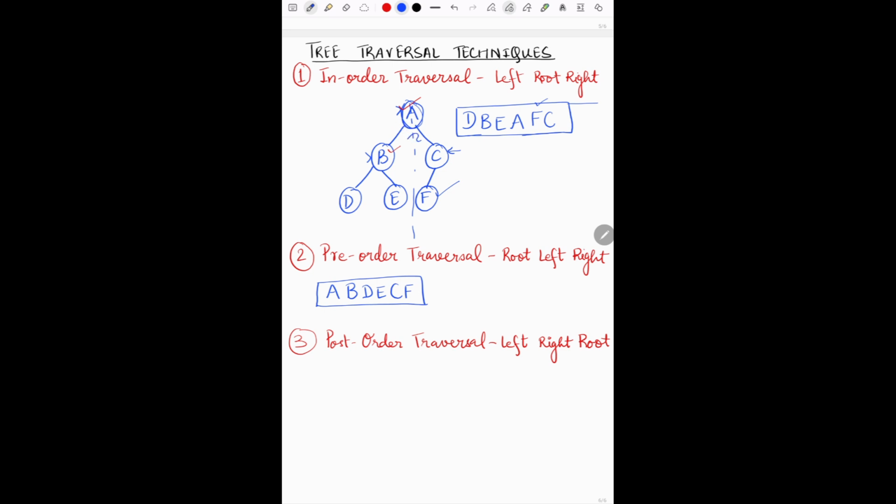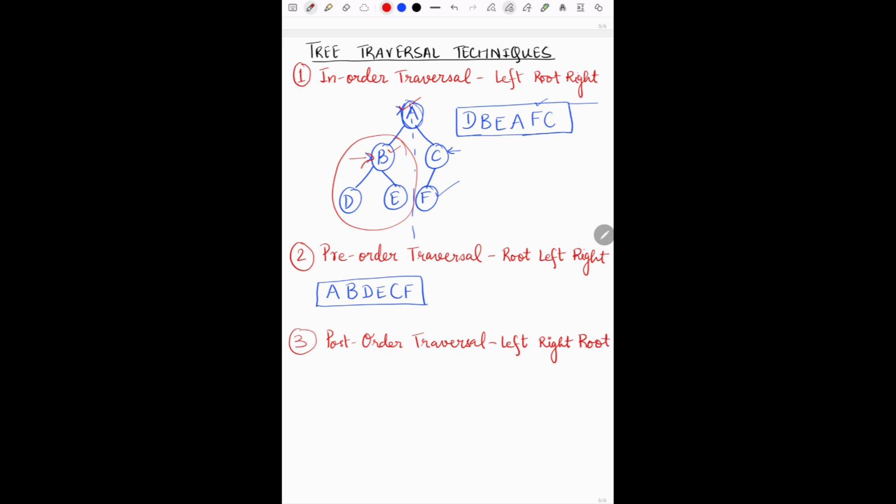I'll first look at the left subtree. When I come here, I encounter the root first, but I don't have to traverse the root here. Instead, I have to move to the left child.